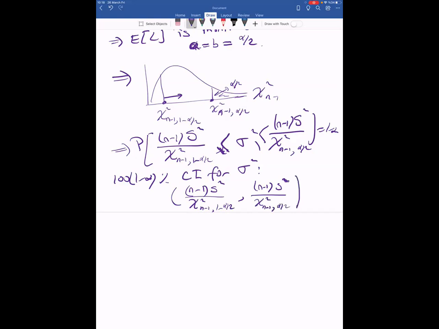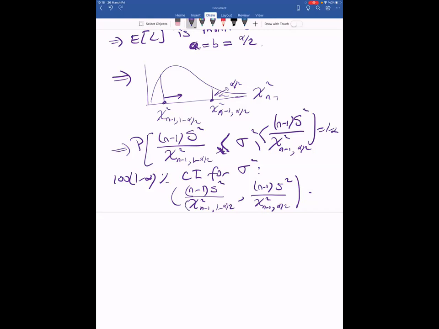So here you have to think about these confidence intervals once you give numeric values. The n minus 1 and s square parts are the same for both ends, but the table values are different. When I write chi-square 1 minus alpha/2 here, actually this is not correct, right?